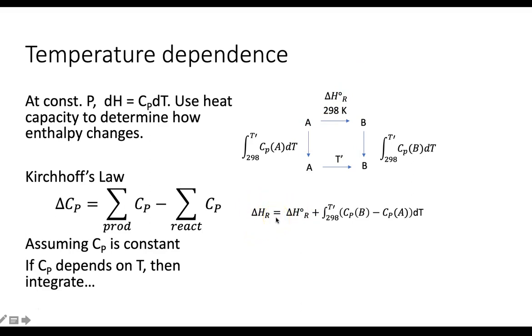This idea of using these heat capacities we can simplify into Kirchhoff's law. There's a delta reaction Cp, which is just the Cp of the products minus the sum of the Cp's of the reactants, assuming that Cp is constant.